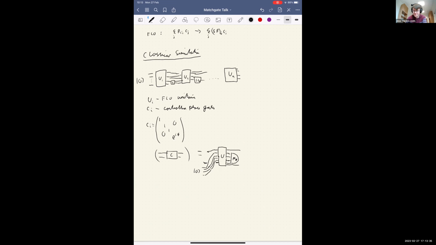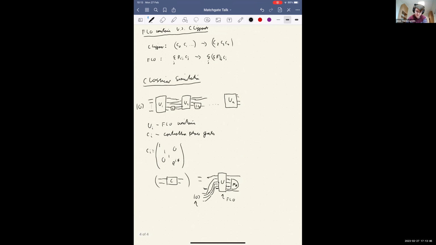The key point is that this U here is FLO. This is just a vacuum state, so it's a fermionic Gaussian state in particular. The only non-FLO thing now is this M_φ measurement, which we have to somehow implement.